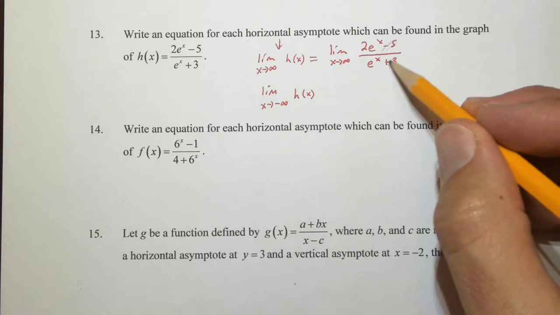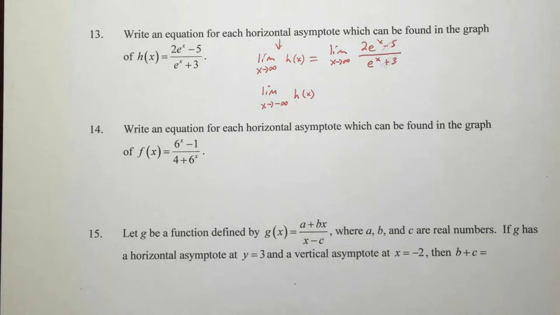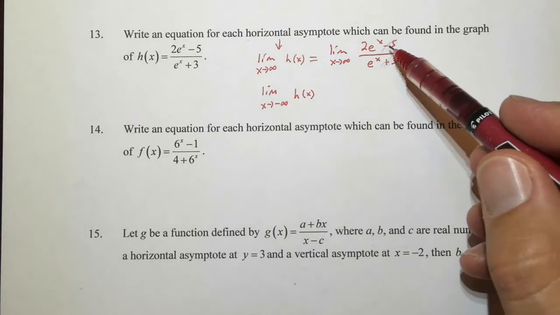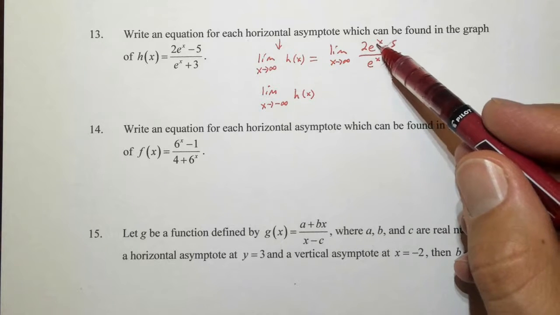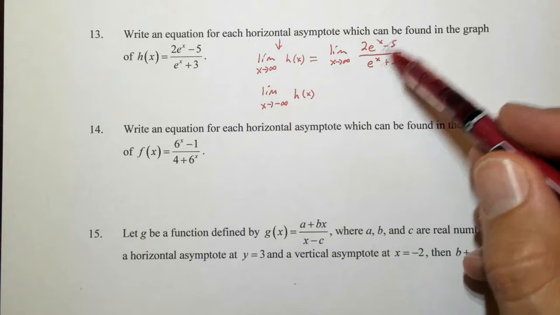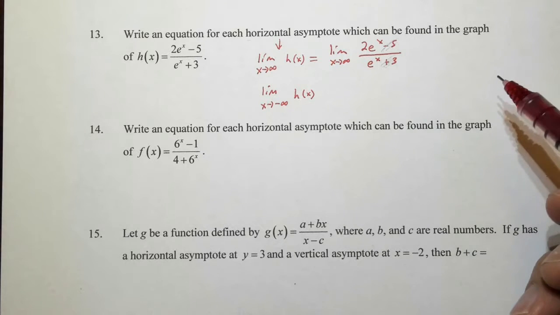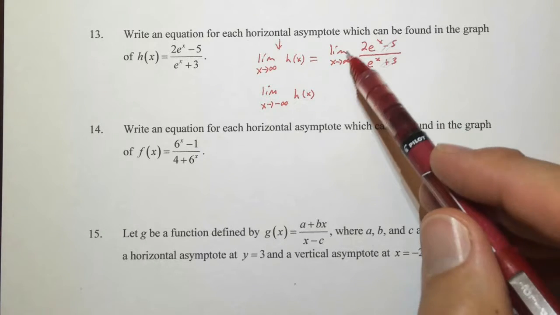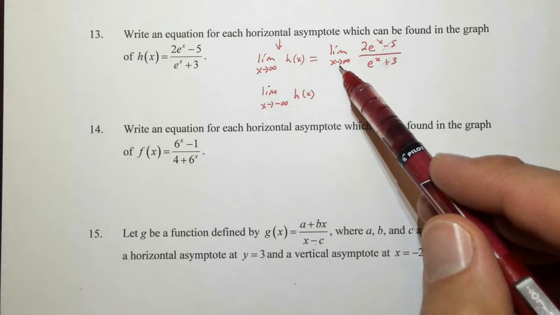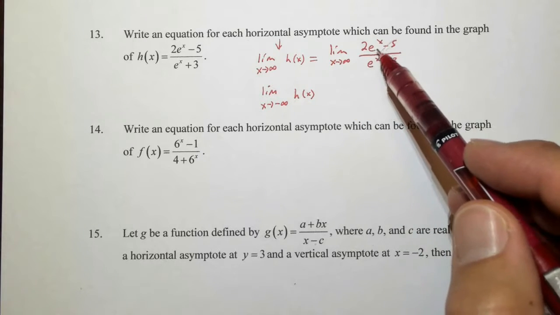We can ignore it. So what we have here is 2e to the x over e to the x, because, again, these are such huge numbers that the minus 5 and the plus 3 don't mean anything in the context of taking the limit as x approaches infinity.